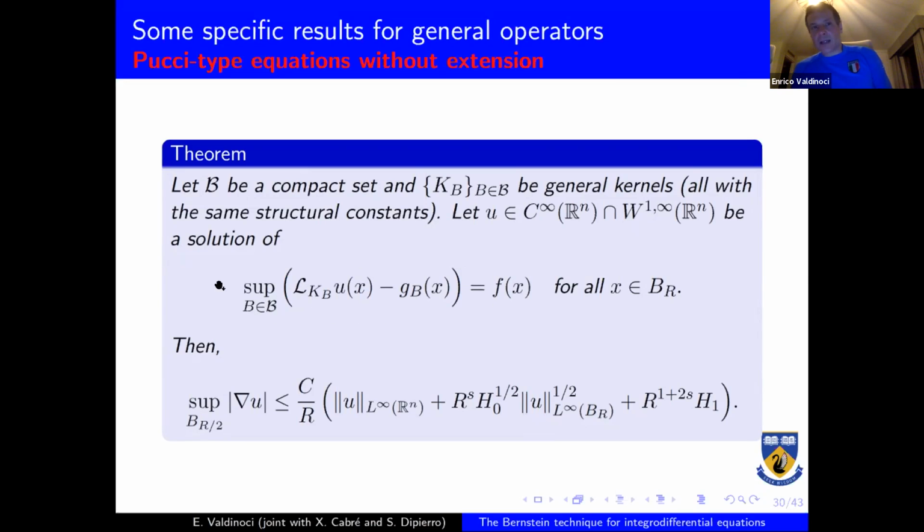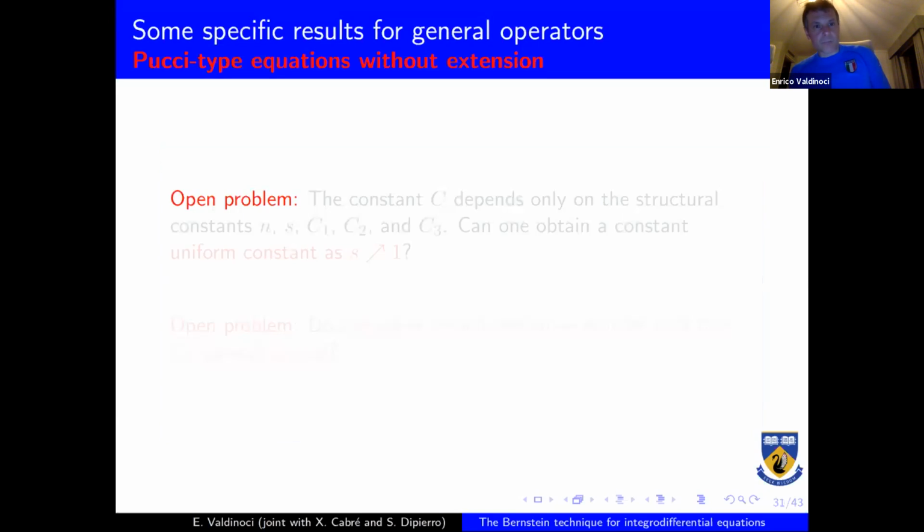equation, this maximal equation, and the result is that you have a first derivative estimate, again in terms of the L infinity norm of the solution and on structural constants of the equation. Again, we are claiming here just first derivative estimates because we don't know about the one-sided second derivative estimates.